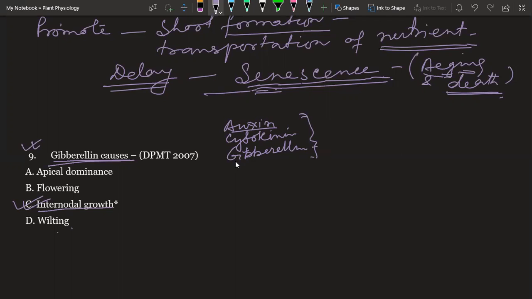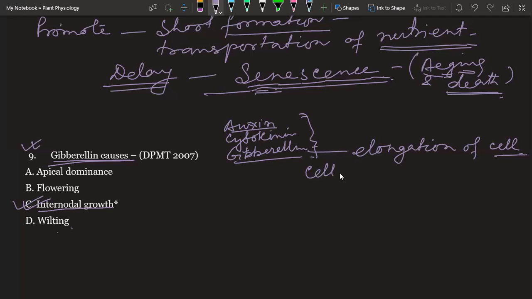So gibberellin promotes the elongation of the cell. This is cell enlargement.